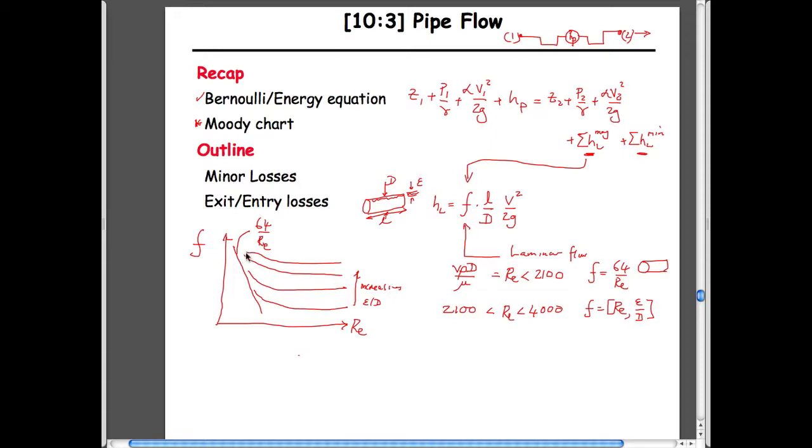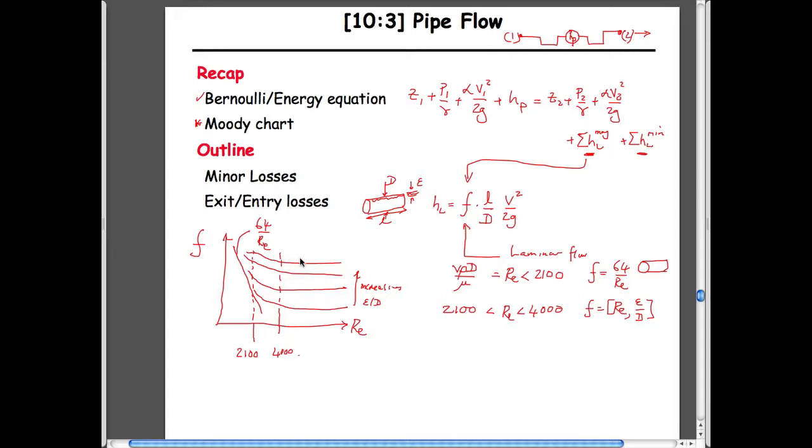One, it goes to this nonlinear regime earlier at lower Reynolds numbers than it does for a smoother pipe. And so if you define these kind of boundaries, wish I had some different colors, but I don't. This is 2000. Well, let's call it 2100 since we said 2100. And this maybe is 4000.